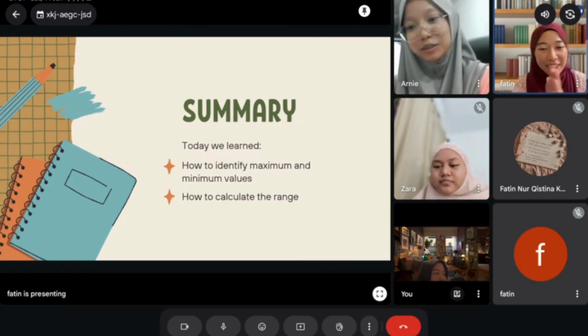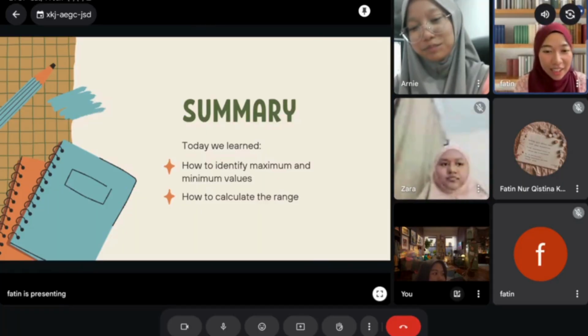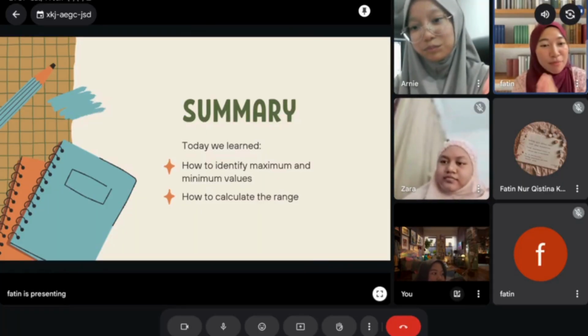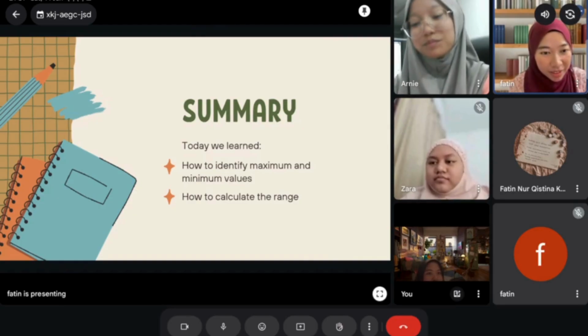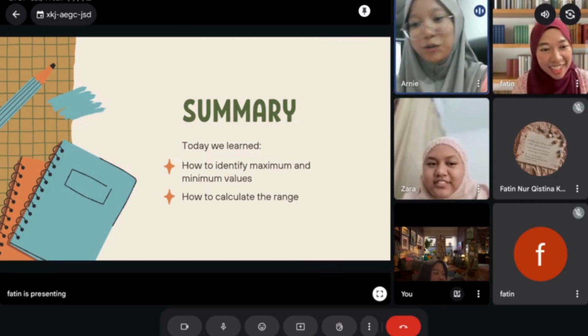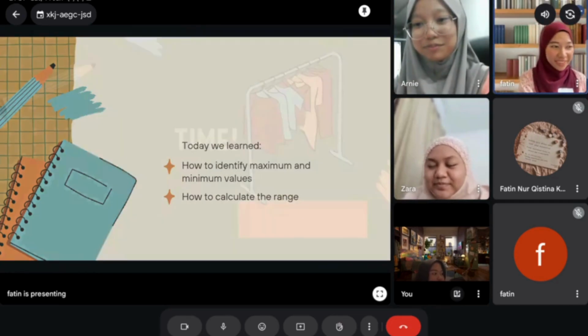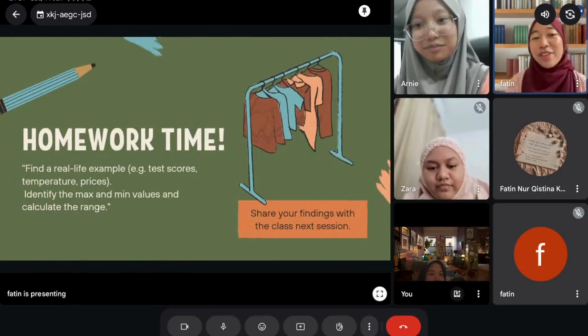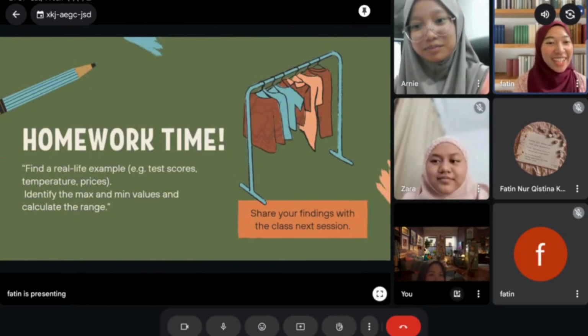Okay, so basically all of you understand deeply about maximum, minimum and range, right? Is it clear? Any questions? No. Okay. So of course we have homework.